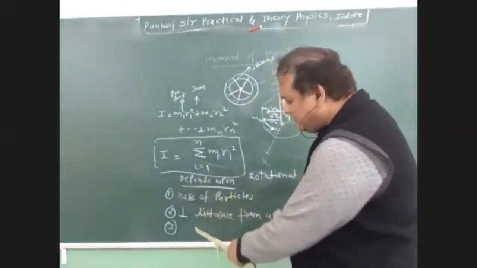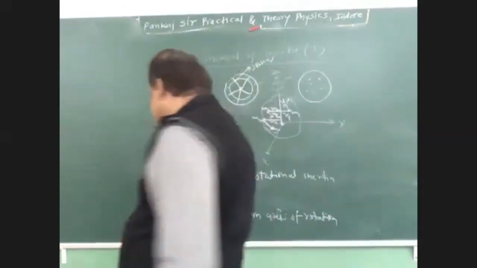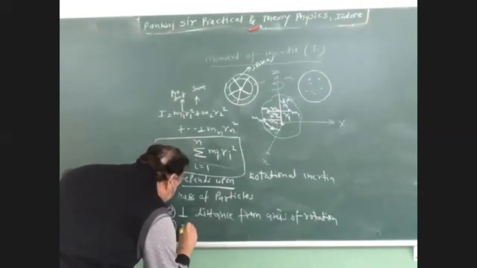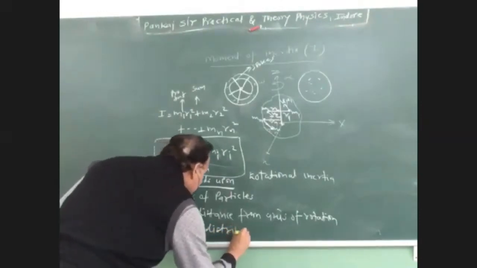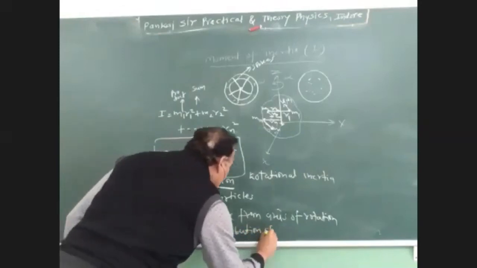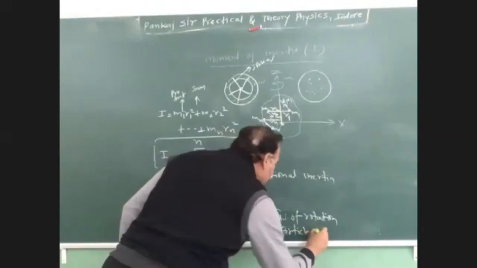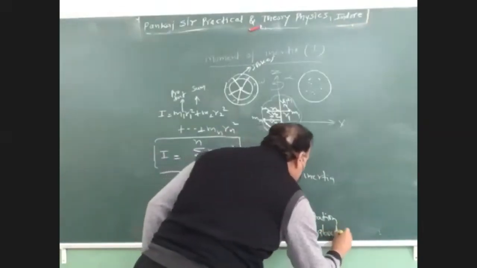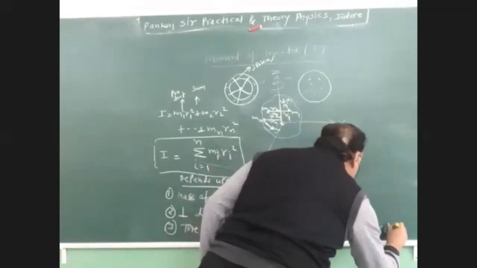So the third point is very important: the distribution of mass, the distribution of particles about the axis of rotation.